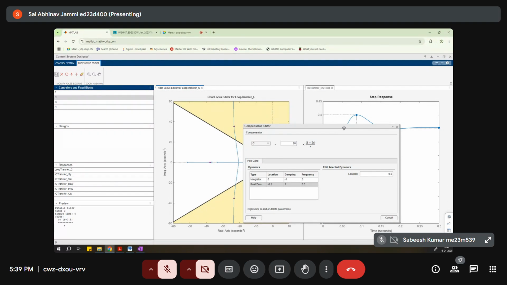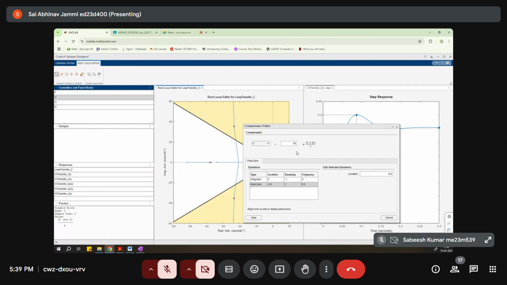Am I audible, Abhinav? Yes, please tell me. That small box next to C equal to, where you're entering 20, is actually the ratio of KI by KP? Yeah, this 20 value is the gain. Actually it is not Ki by Kp, it is Kp by Ki.